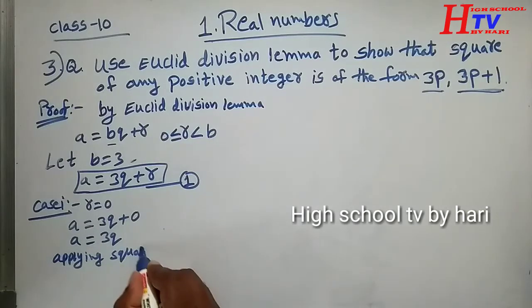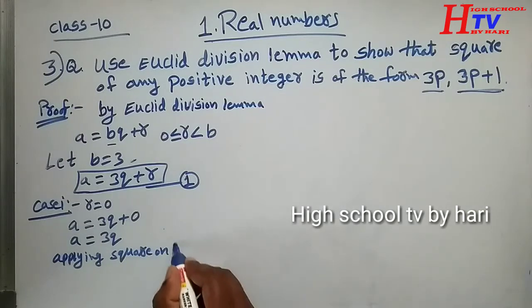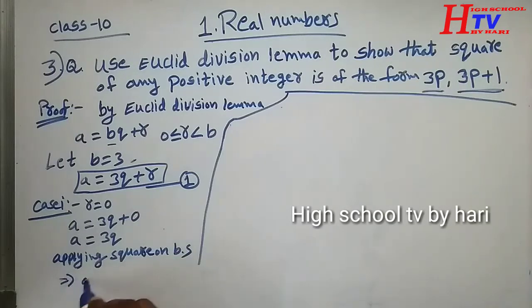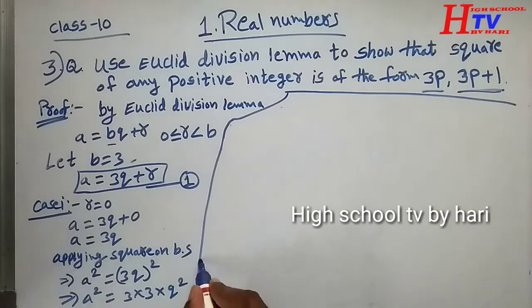Applying square on both sides, that implies a square equals 3q whole square. That implies a square equals 3 into 3 into q square.